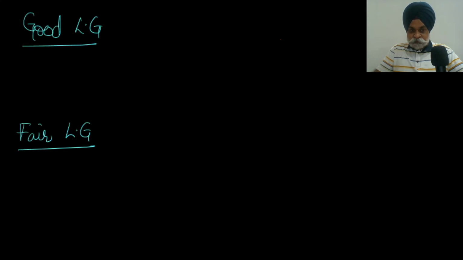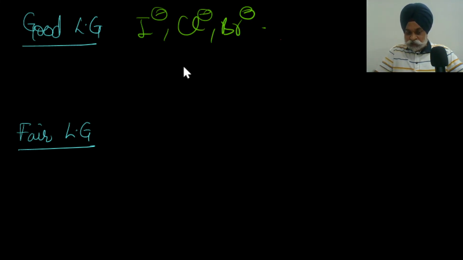Now some good leaving groups can be considered as I negative, Cl negative, Br negative. These are considered to be good leaving groups. And fairly good leaving groups are water or ammonia or acetate ion.